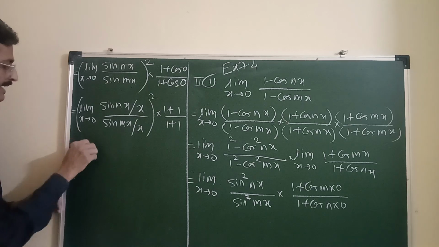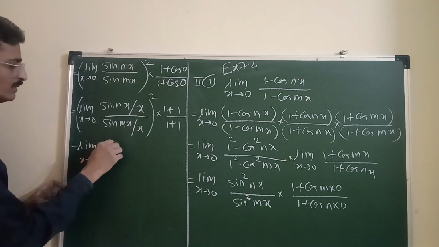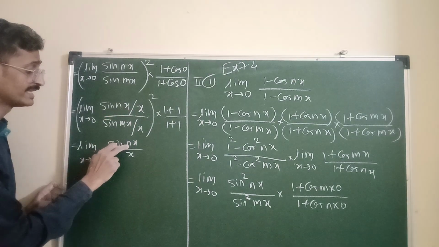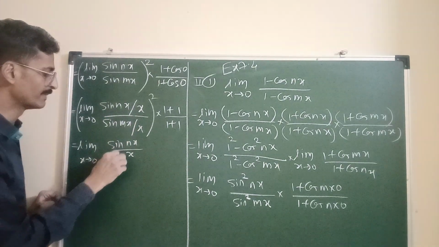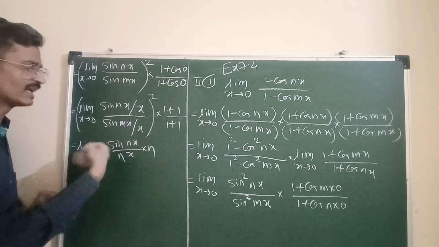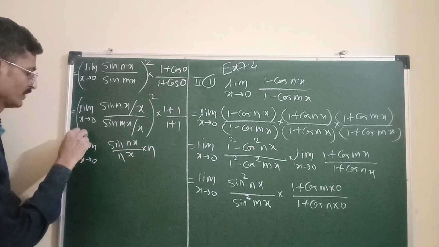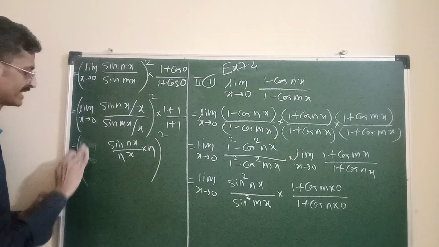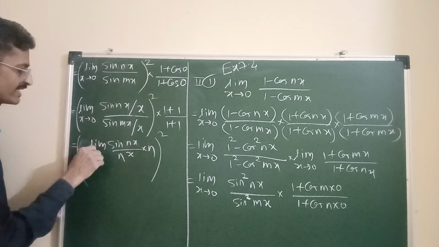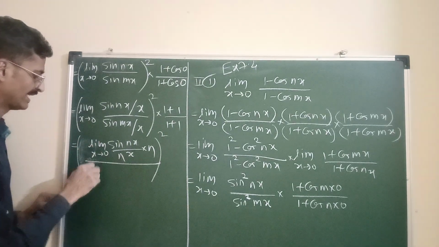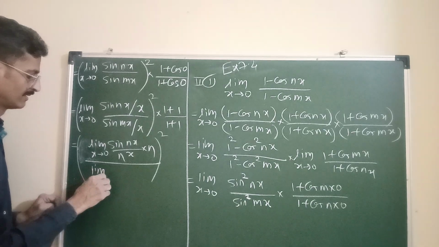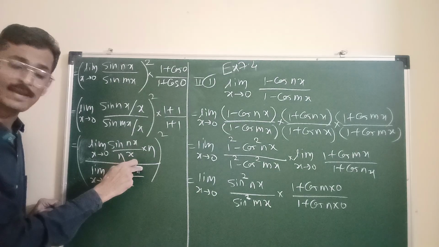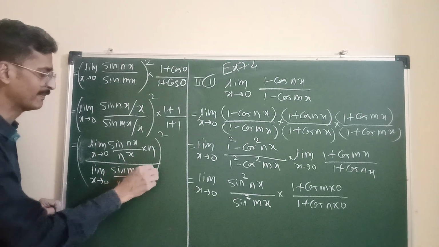Now limit x tends to 0, sin of nx upon x. Now this is nx, we want nx here, so multiply and divide by n, or write this in a bracket, whole square. The limit we can also write separately for the numerator and also for the denominator. This is sin of mx upon x, we want mx, so multiply and divide by m here.